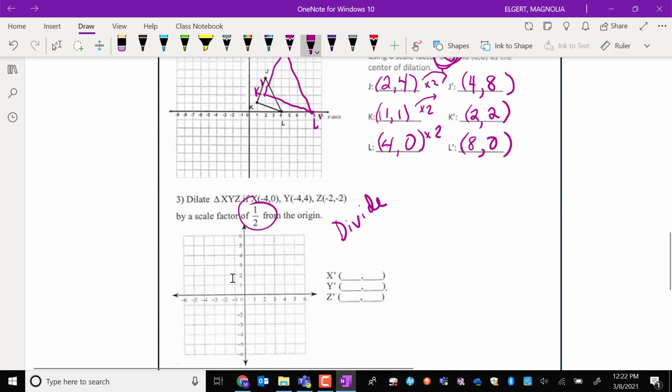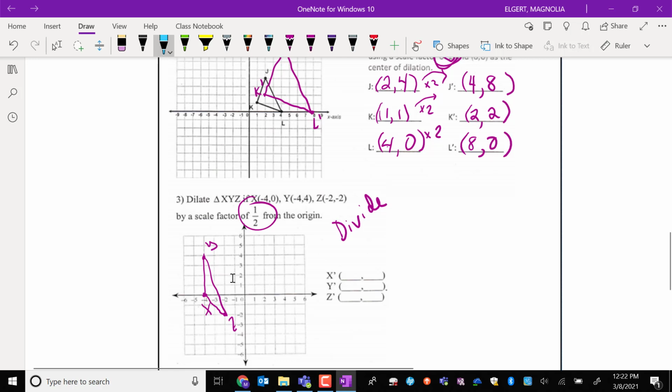The first one is negative 4, 0. This point right here, that's x. Y is negative 4, 4. There's y. And z is negative 2, negative 2 down here. So we can draw in this triangle like that. That's my pre-image.